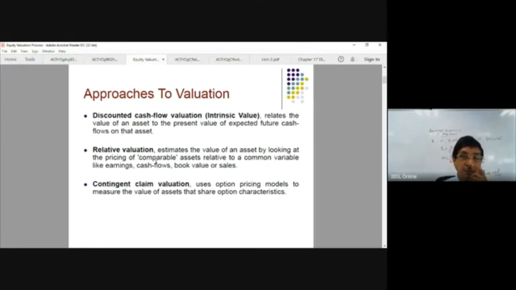Now, in this particular presentation, I tried to put you into a particular environment where you can get some comparative type of knowledge. And there's another thing called contingent claim valuation, option pricing models to measure the value of assets.